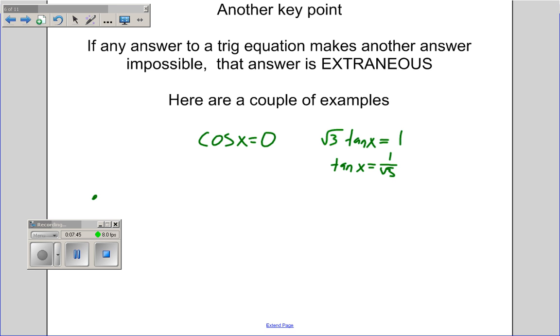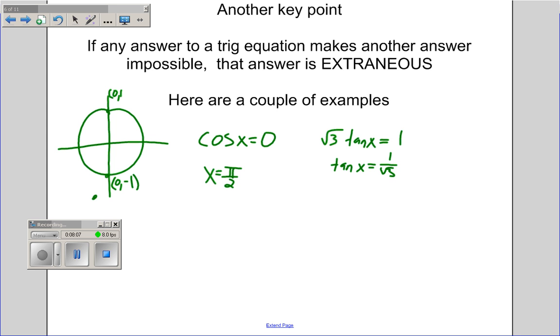If I'm trying to find the angle measures here, when is cosine 0? Well, that happens twice, right? At pi over 2, because this is 0, 1, and at 270 degrees because that's 0, negative 1. So this happens at pi over 2 or 3 pi over 2.